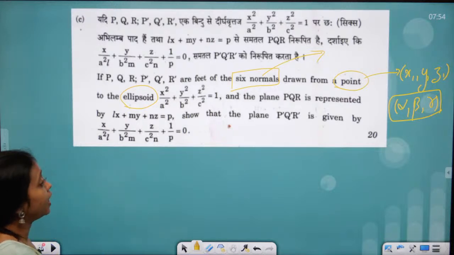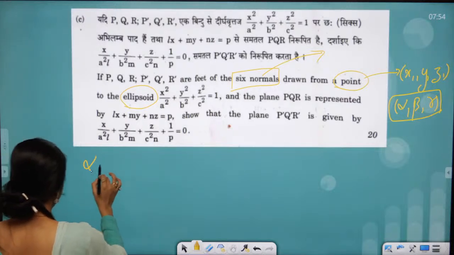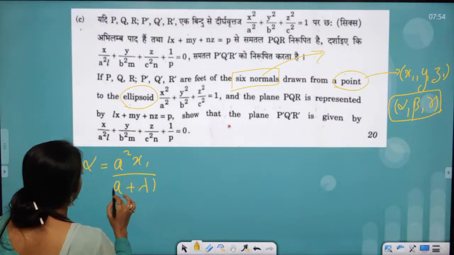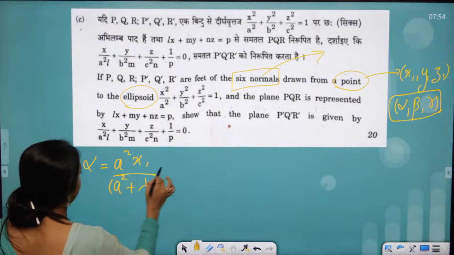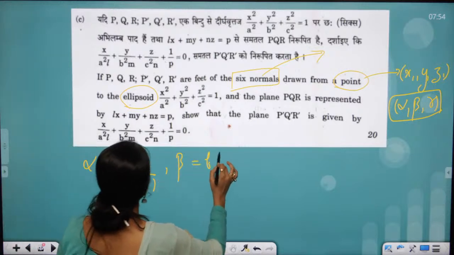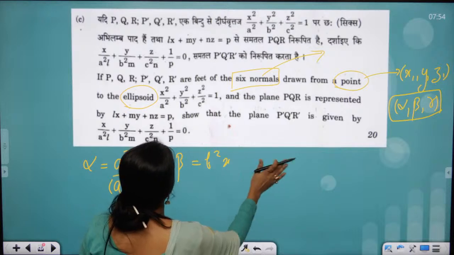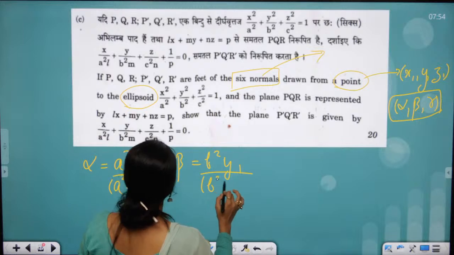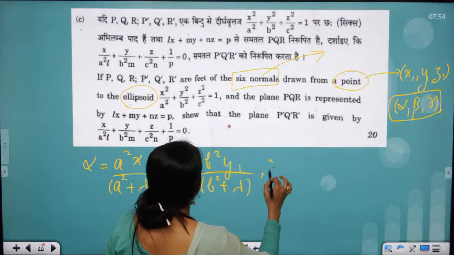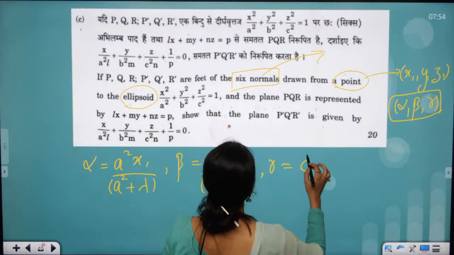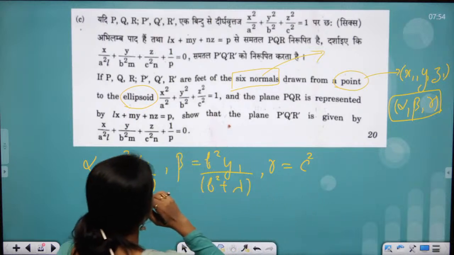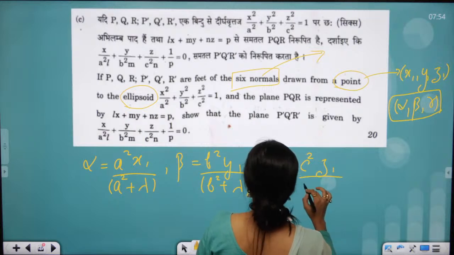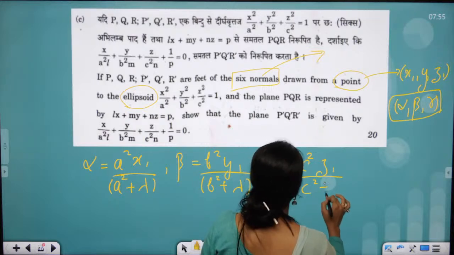So the alpha, if I start with alpha, the alpha was actually given by a square x1 upon a square plus lambda, and beta was given by b square y1 upon b square plus lambda, and gamma is equal to c square z1 upon c square plus lambda.